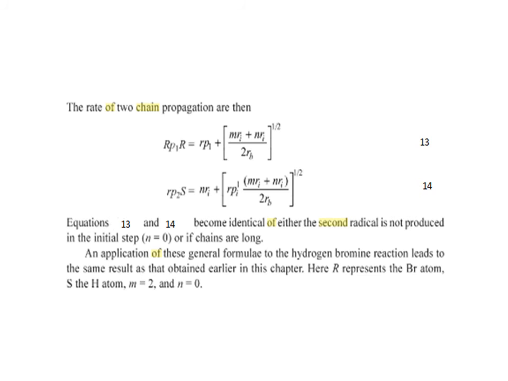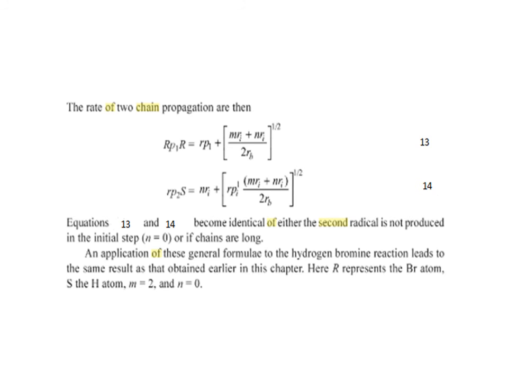An application of these general formulas to the hydrogen bromine reaction leads to the same result as that obtained earlier in this chapter. Here R represents the bromine and S represents the hydrogen atom. Then m is equal to 2 and n is equal to 0.